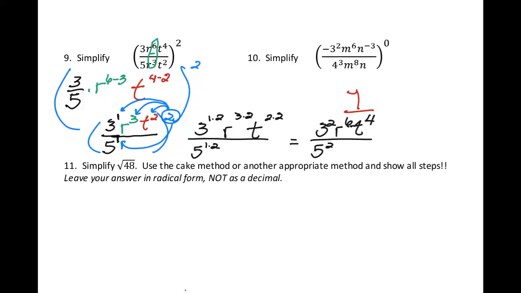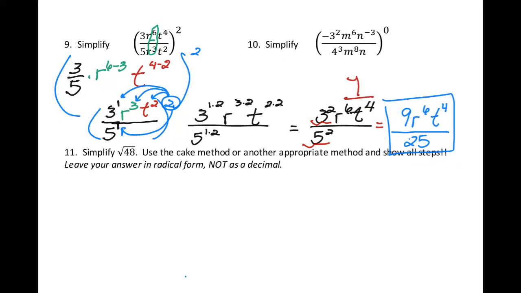And you're like, hey, that's pretty good, but you can simplify these numbers that are squared. 3 squared is 9, r to the 6th, t to the 4th, all divided by 5 squared, which is 25. That's one way to do it.